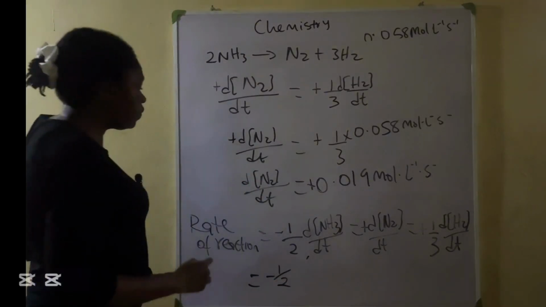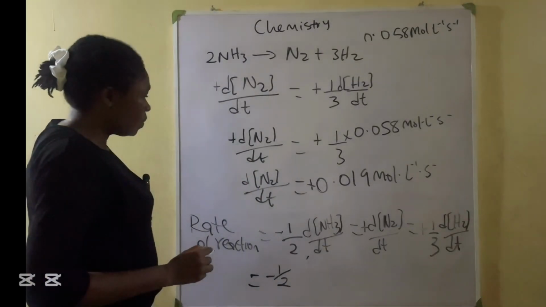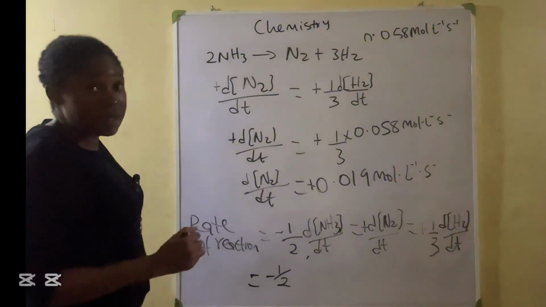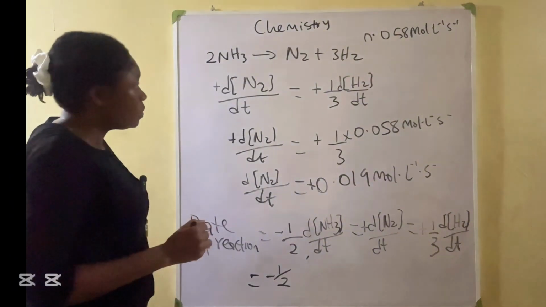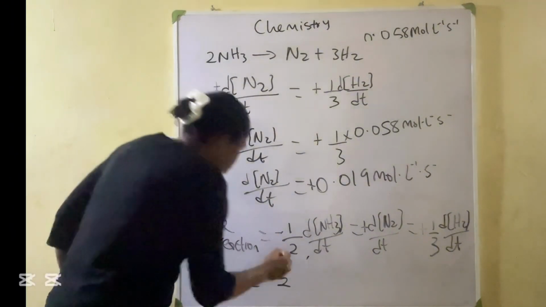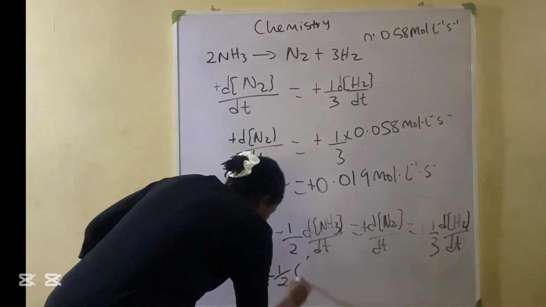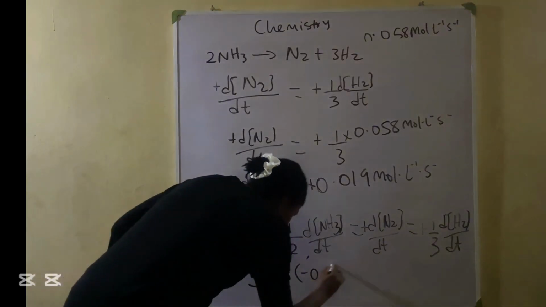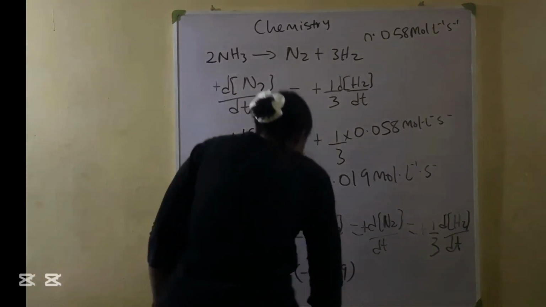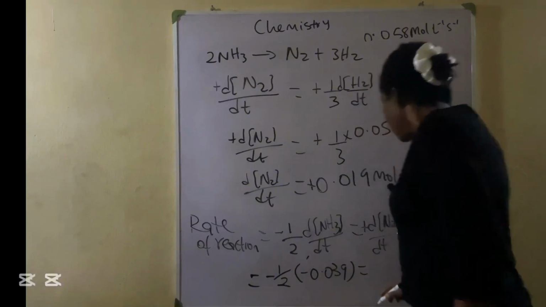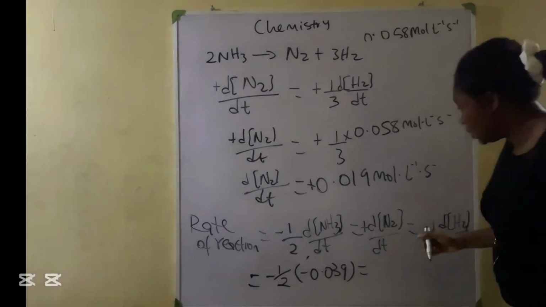So the answer we got for the ammonia was 0.039. So I put the value, and it's minus 0.039, equals the one of nitrogen.